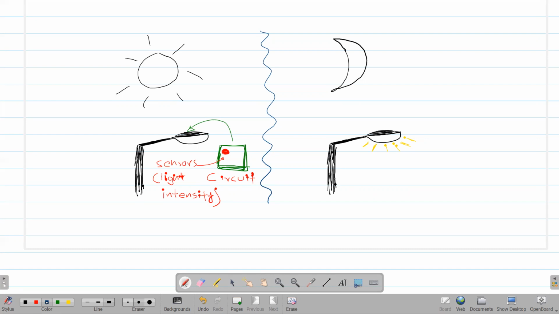Okay, so as the input, let's call it the light sensor, right? So this is the input, and the output is going to be the bulb.